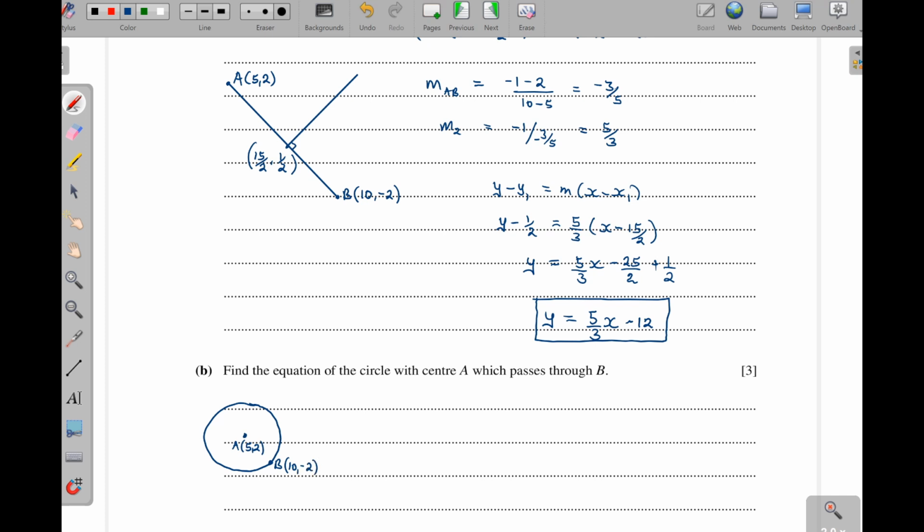So remember, whenever we are finding the equation of the circle, we need the radius and the center. So the radius is going to be the square root. We use these two coordinates here. So the change in x is going to be 10 minus 5 squared, and then the change in y will be -2.